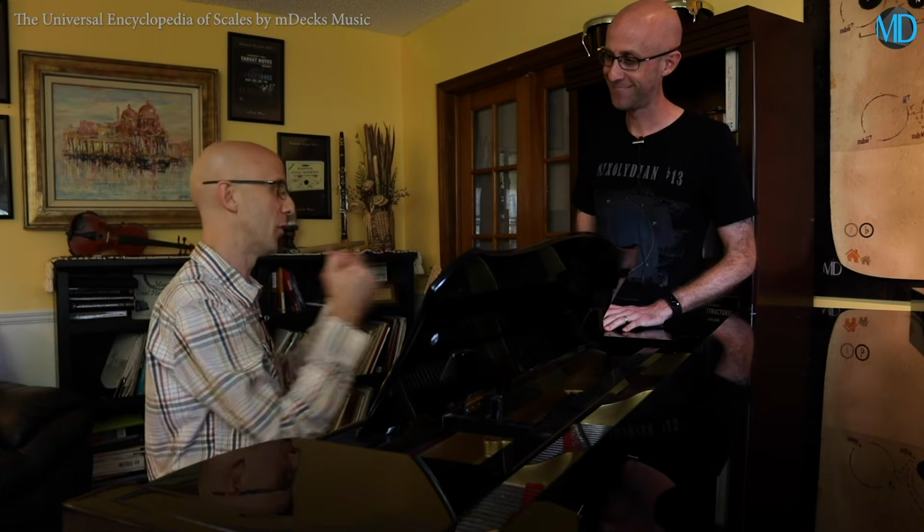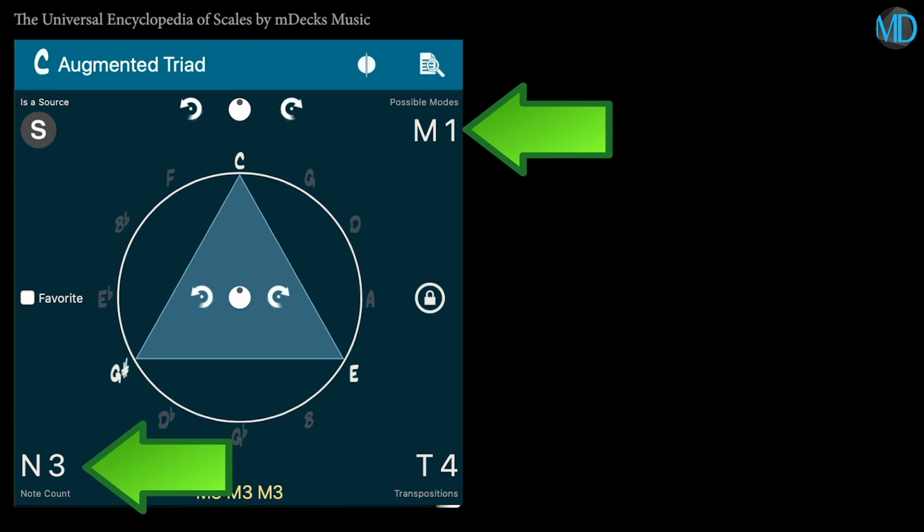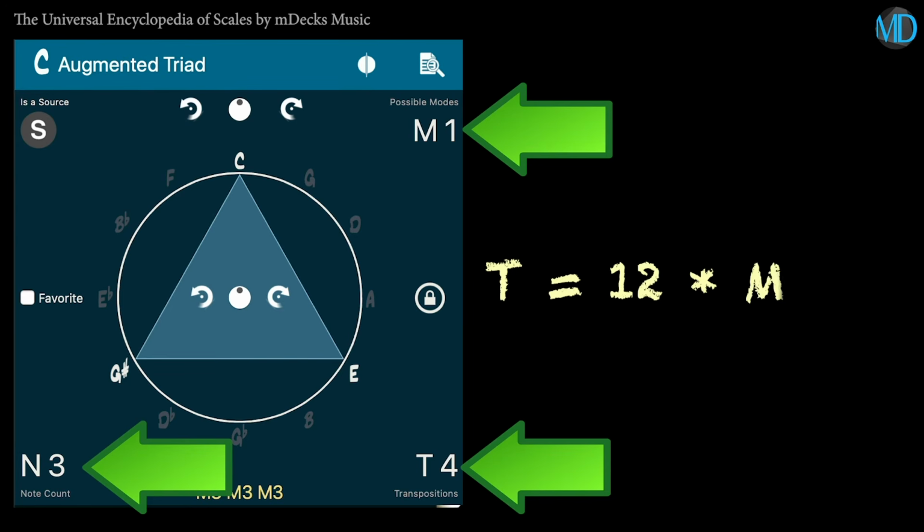Yep, and there's more. We now know that symmetric scales are scales with less modes than notes, and also scales of limited transpositions. But we can also predict how many transpositions a symmetric scale has if we know the amount of related modes it has, and vice versa, because the amount of transpositions is equal to 12 times the amount of modes divided by the amount of notes.